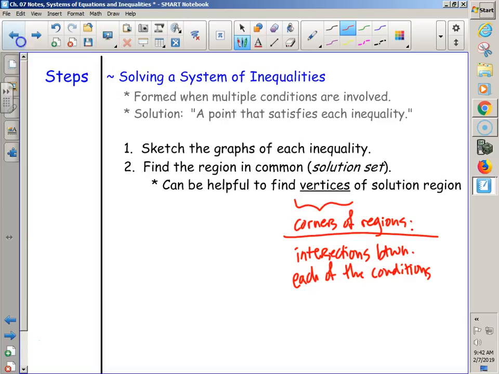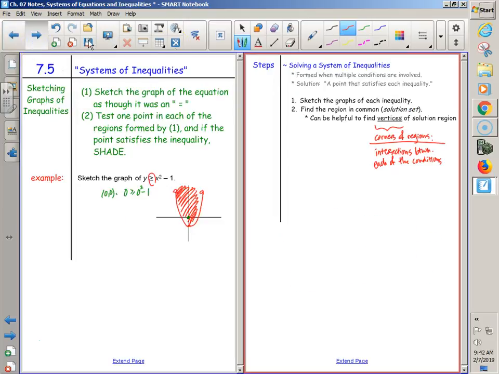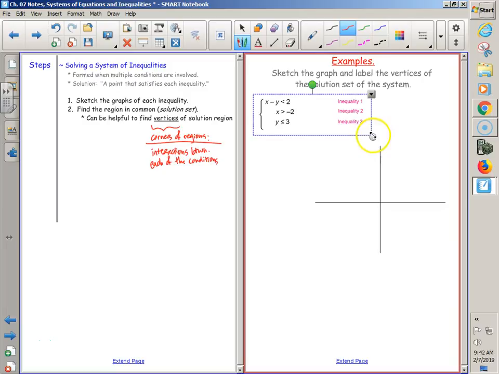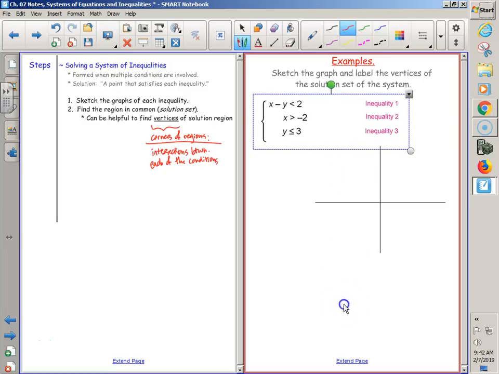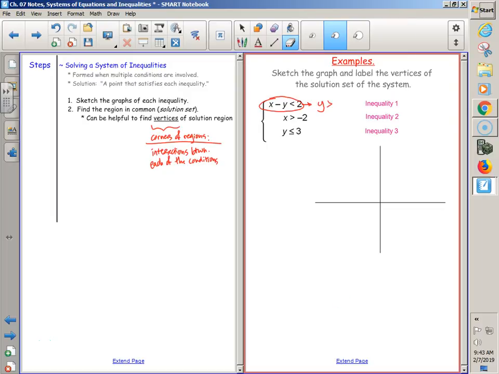So if you're given something, and the directions are sketch the graph and label the vertices. Well, first of all, I don't like that first equation. What would be a better way of thinking about this equation? How about y is greater than x minus 2? You can add the y and subtract the 2, and the y ends up on the greater than side.